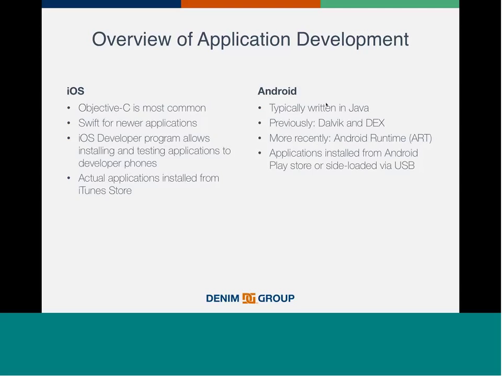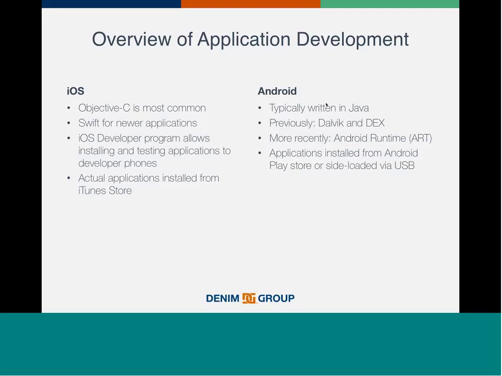But as we'll also see, it's not a blanket case to say that Swift is a secure language. The iOS developer program allows you to sign up and to develop and install applications on test devices, and for a non-jailbroken device, your applications are going to be installed by the common user from the iTunes store.